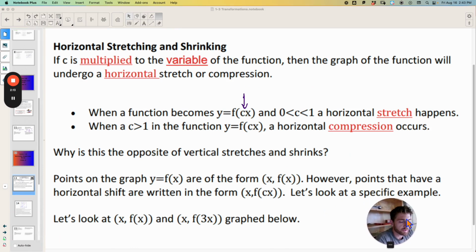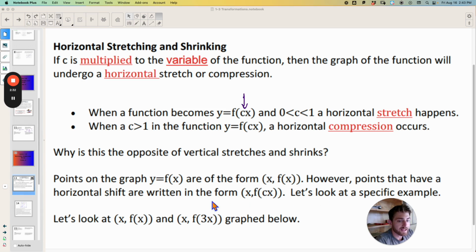Okay, so let's think about this, and there's going to be a visual on the next page. The points on the graph y equals f of x are of this form. Originally we have our input x, and then our output we call f of x. And sometimes you might hear us call this f of x just y. You have your input x and your output y.